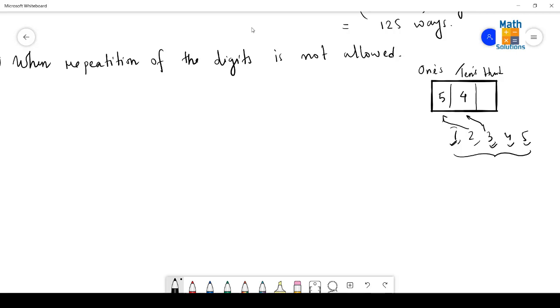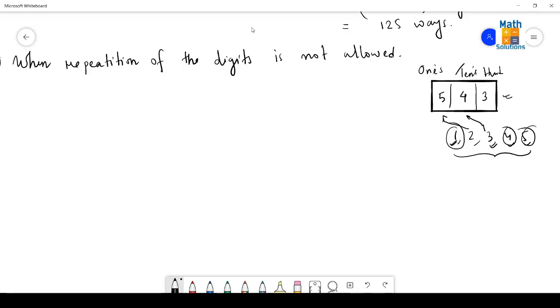So how many options are left? 1, 4 and 5. These 3 options are left in my hand to fill in the hundreds place. So I can put here 3. This is the way to fill up these 3 positions when repetition of the digits is not allowed.